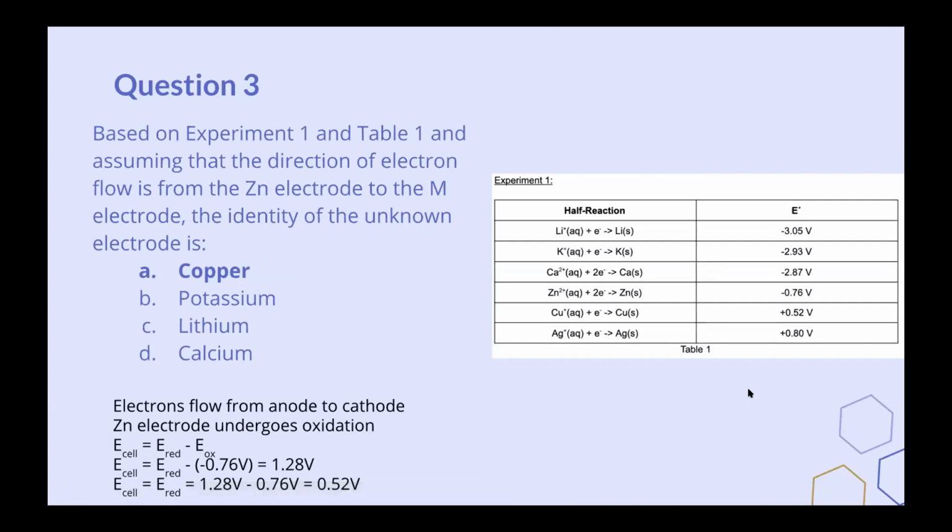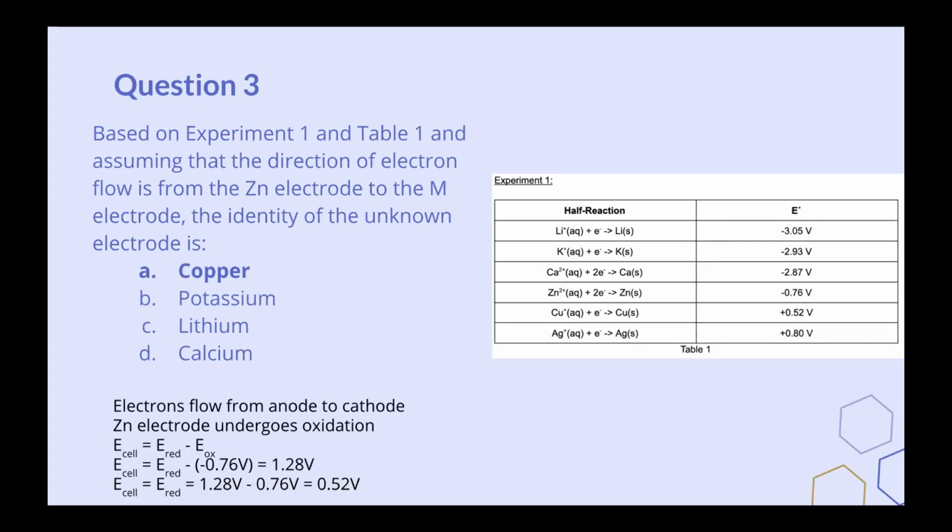So for this question, you have to refer back to table 1. The question is telling you that the electrons flow from the zinc electrode to the M electrode, meaning that oxidation is occurring at the zinc electrode because it's losing electrons. So the zinc electrode would be the anode. The passage also tells you that when the switch is closed, the total cell potential is 1.28 volts.